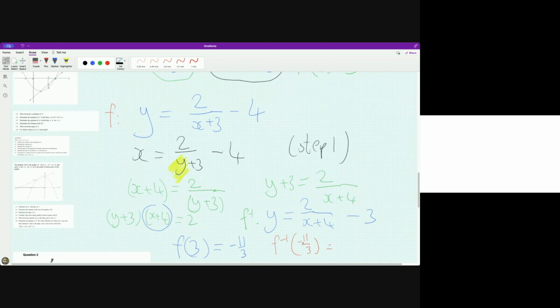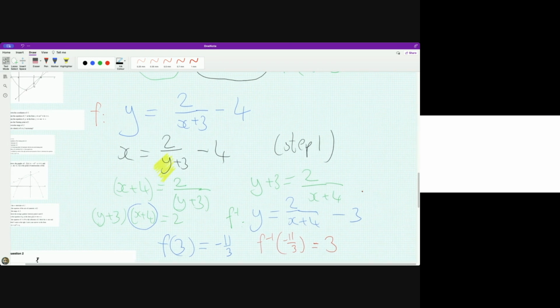We're going to go 2 divided by open brackets, and then it's minus 11 over 3 plus 4, close bracket, and then take away 3, and I get 3. Okay, so the inverse of the hyperbola also seems to be working nicely with this method, which is good news for all of us.